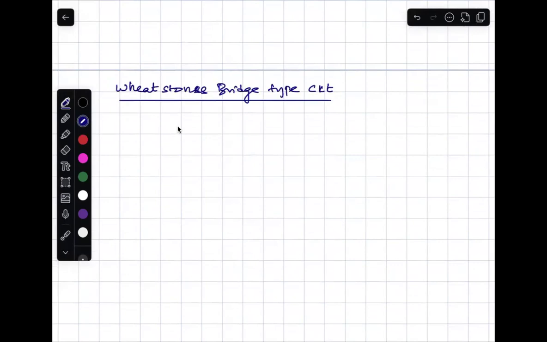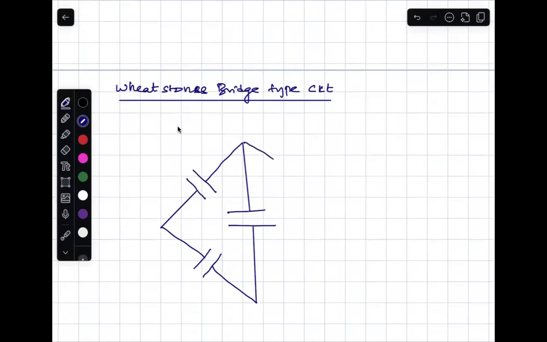Now, for this purpose, you will see the arrangement like this. Exactly like this. See, please try to understand.